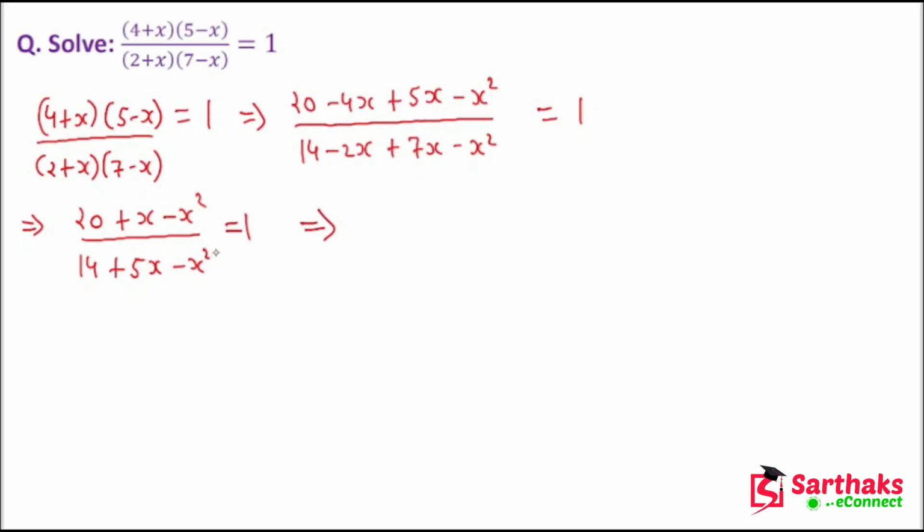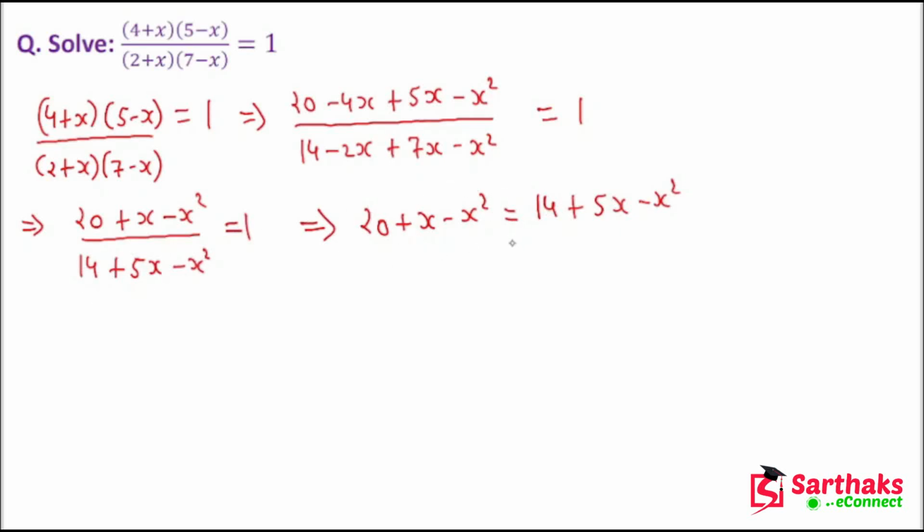Again, cross multiplying both the sides, we have here 1 upon 1, so this denominator would be multiplied with the numerator, and by cross multiplication we have 20 plus x minus x square is equal to 14 plus 5x minus x square, because we have multiplied this denominator by 1.